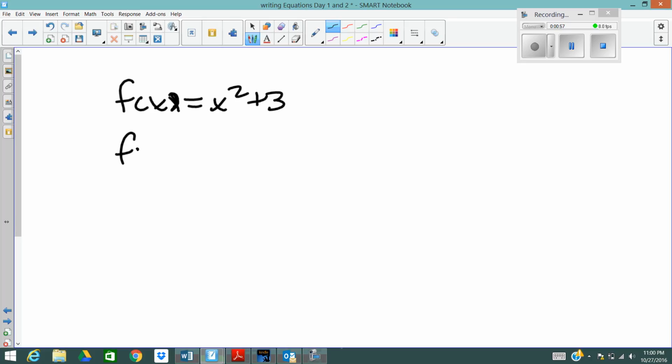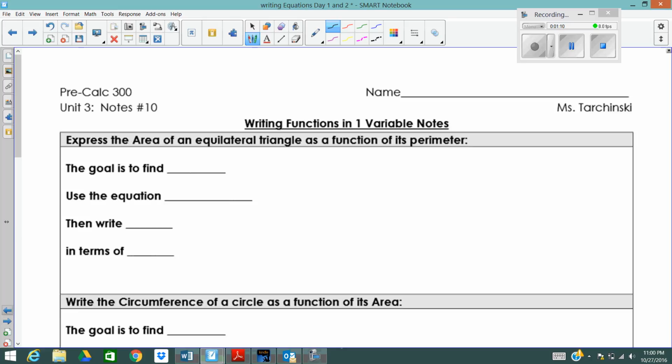If you see f of 3, we have our polynomial f as a function of 3, so 3 squared plus 3, etc. So when we see a problem like this, where it says express the area of an equilateral triangle as a function of its perimeter, that means that we want to write the area as a function of the perimeter. So ultimately our end goal is to get our perimeter to be our variable.